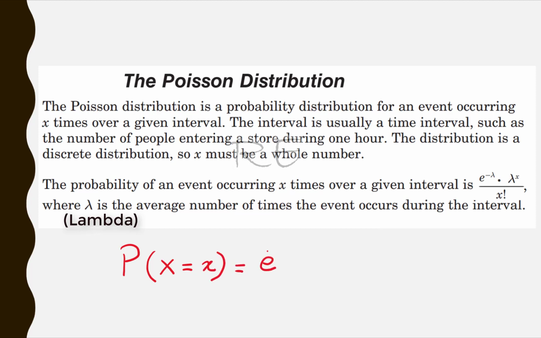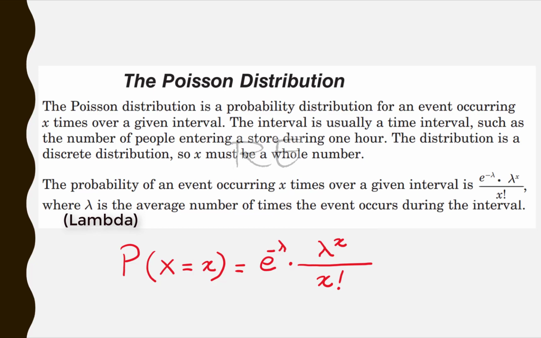So P of capital X equal to x, once again, is equal to e to the negative lambda multiplied by lambda to the x divided by x factorial.